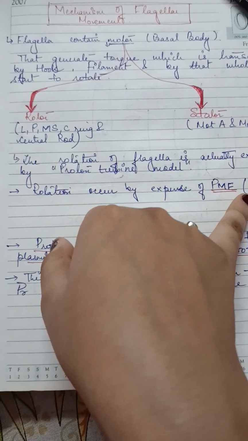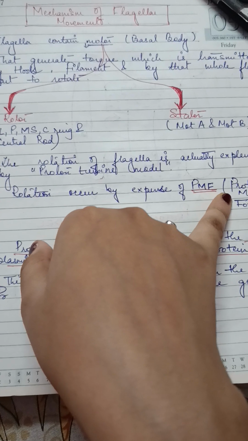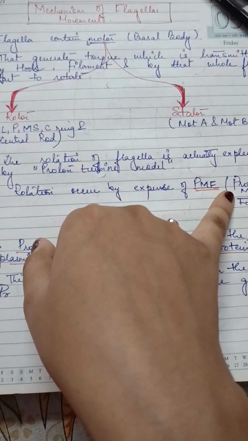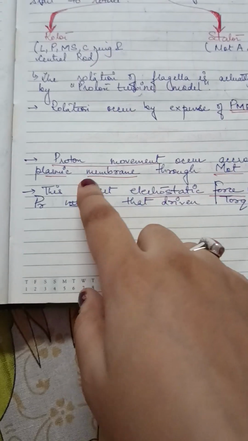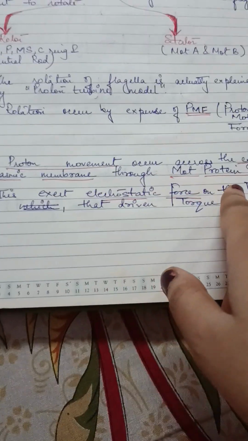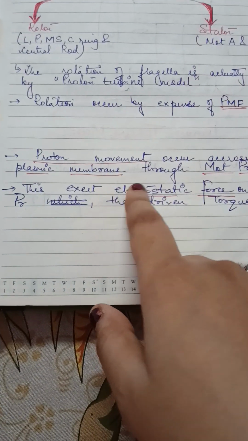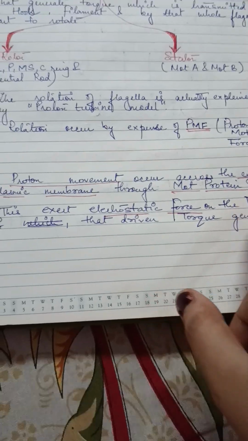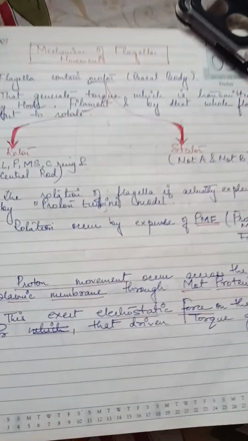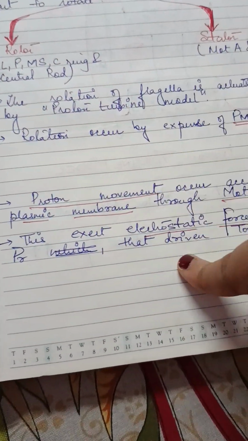The rotation of the flagella is explained by the proton turbine model. Rotation occurs at the expense of PMF, proton motive force. Proton movement occurs across the cytoplasmic membrane through Mot protein, like H plus.